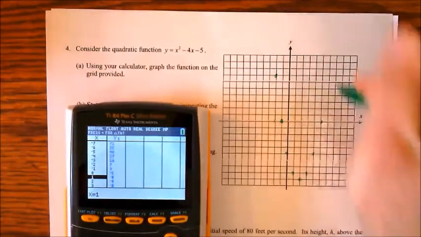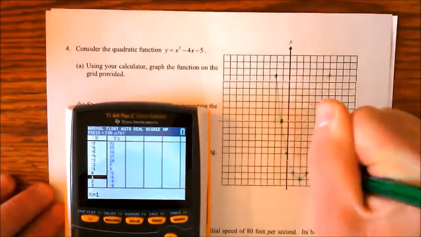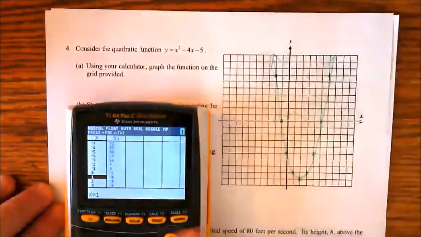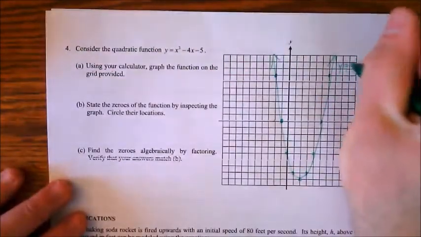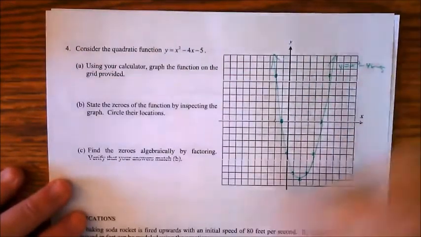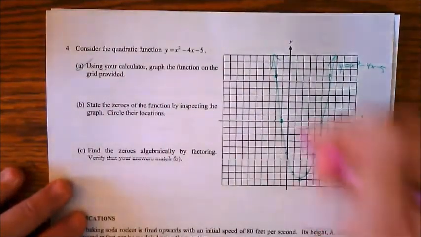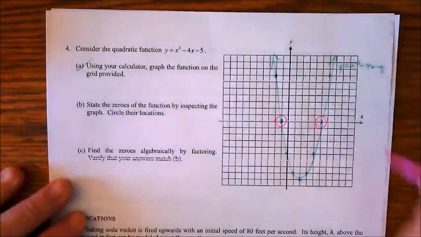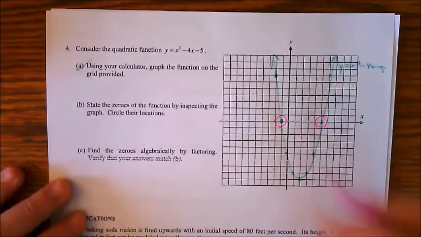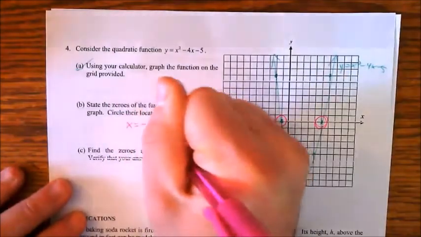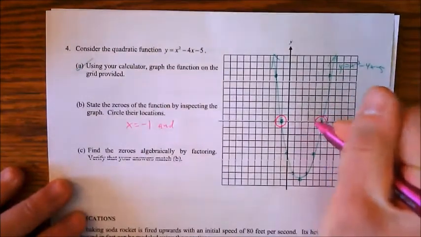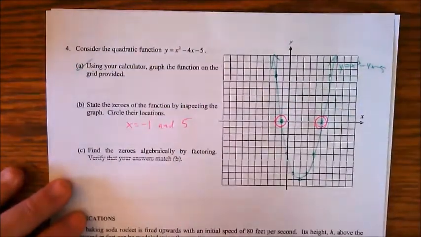Alright, next page. Consider the function x squared minus 4x minus 5. Use your calculator to graph the function on the grid provided. Alright, let's do that. So y equals, clear it, x squared minus 4x minus 5. So I'm going to go to table. Alright, so I've got negative 2, 7.